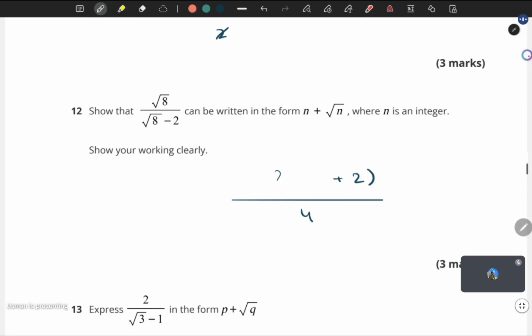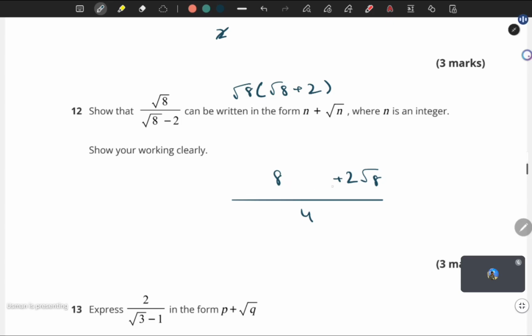This becomes 8. This becomes 2 root 8. It's root 8 multiplied by root 8 plus 2. Right? So 2 root 8 and 8. Okay. So this becomes 8 and 2 root 8.